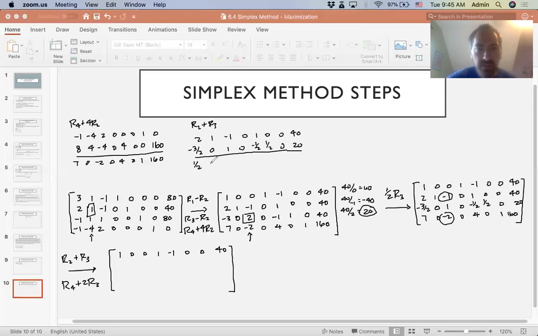2 minus 3/2 is 1/2. 1, 0, 0. 1 minus 1/2 is 1/2. And 40 plus 20 is 60. R3 will remain the same. And then R4 plus 2 times row 3.